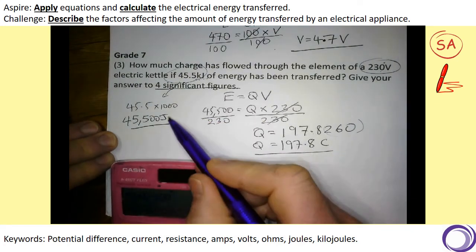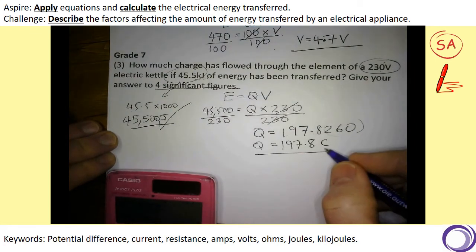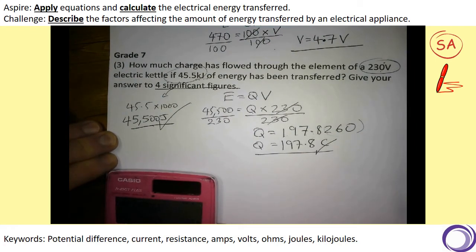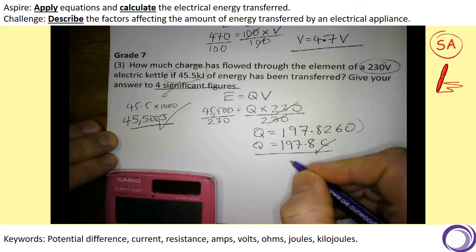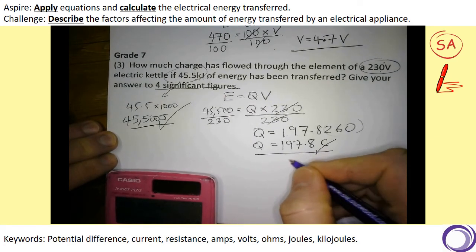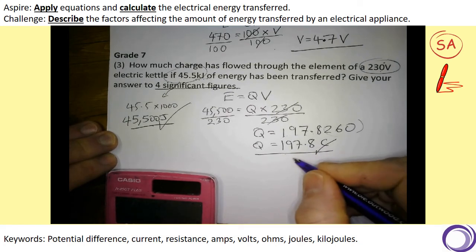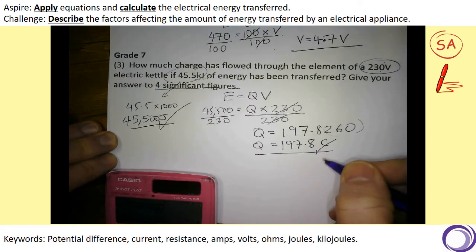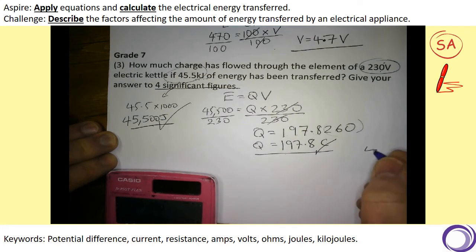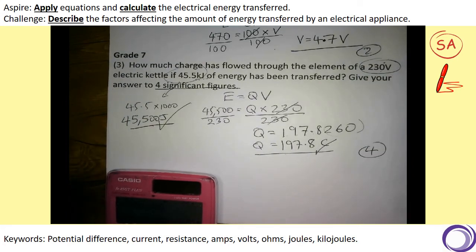So there's 1 mark for your conversion there, 1 mark for coulombs, 1 mark for significant figures, 4 of them, and 1 mark for getting the answer, 197.8. So if you've rounded it to 3 significant figures and you put 198, you just drop 1 mark. So remember that one was out of 4, and I forgot to say question 2 was out of 2 marks as well.